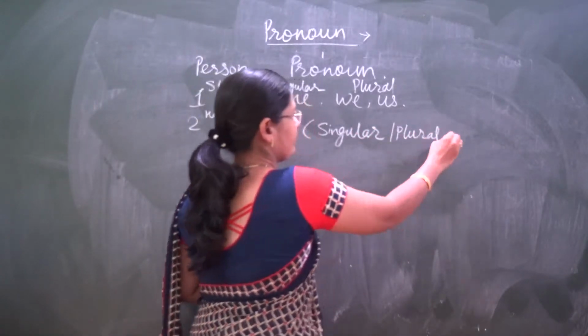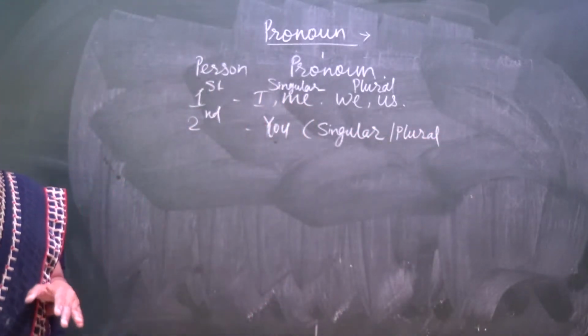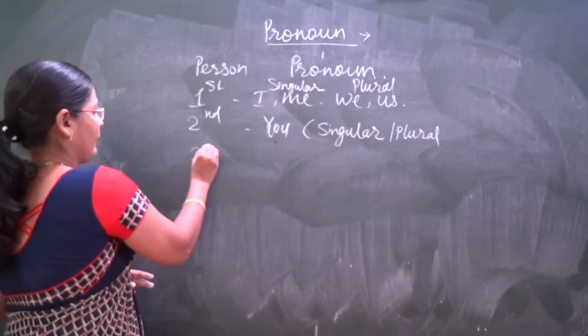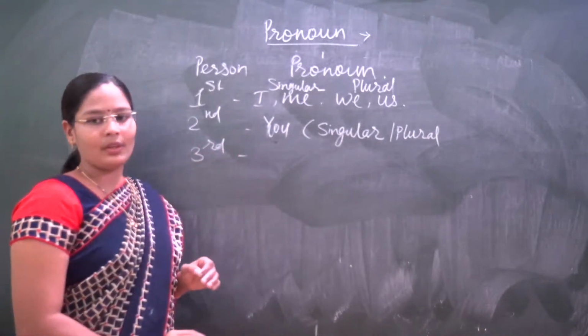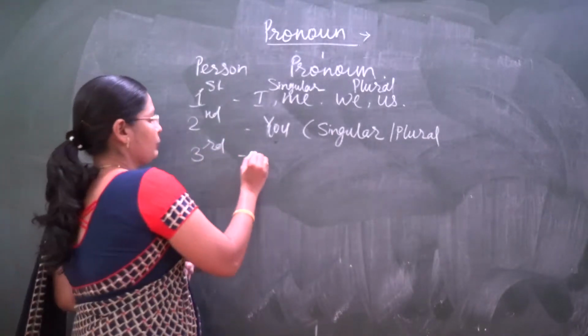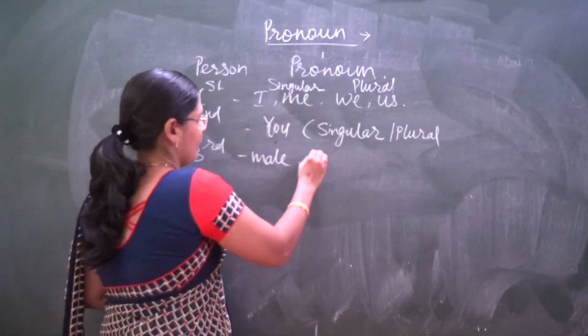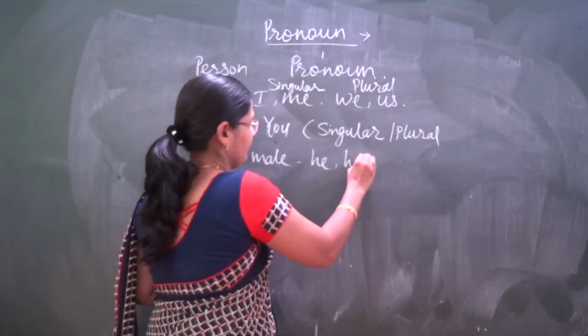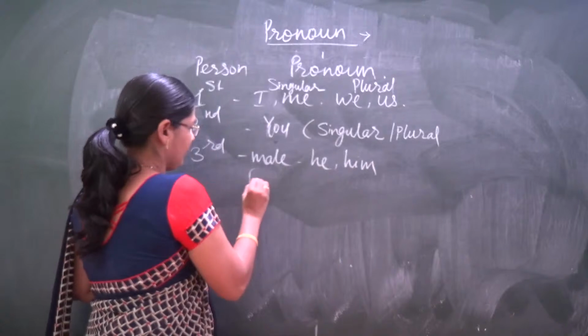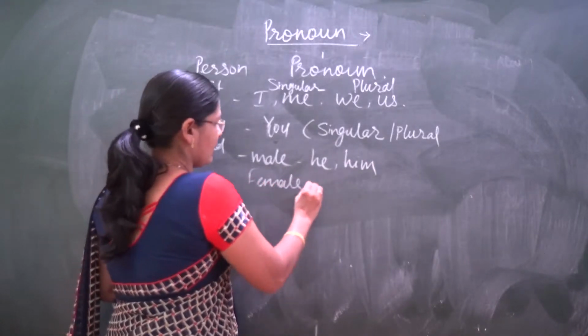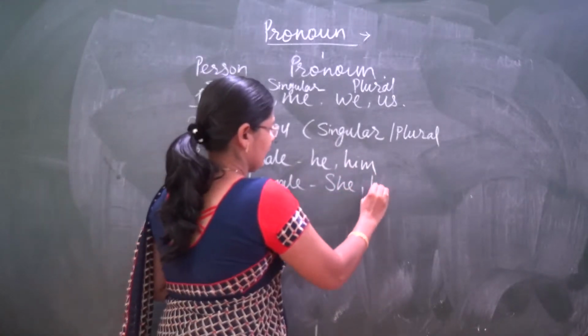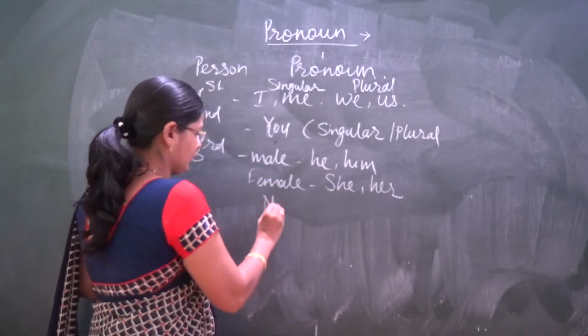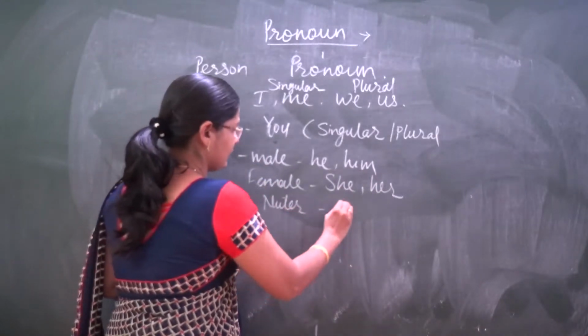Then third person: he, for female: she, her, and for neuter: it.